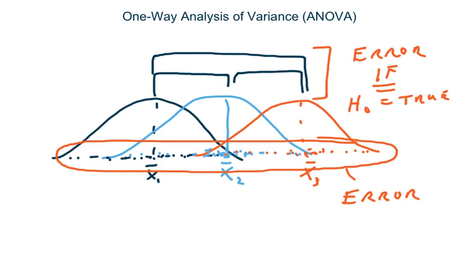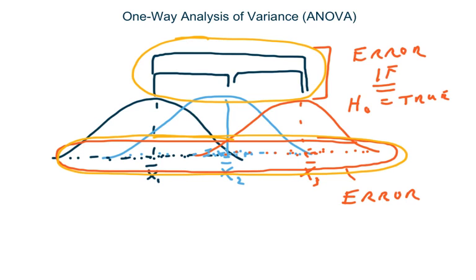So hopefully you're starting to get an idea here that if we compare the differences between groups, that's the part up here, to the differences within groups, if the null hypothesis is true, then these are both measures of error, and those values should be very similar, right? The error between groups should be fairly similar to the error within groups, if the null hypothesis is true, and both of those are measures of error.